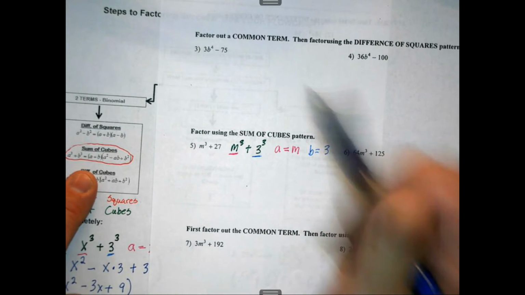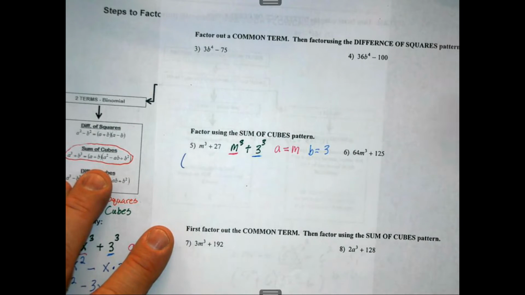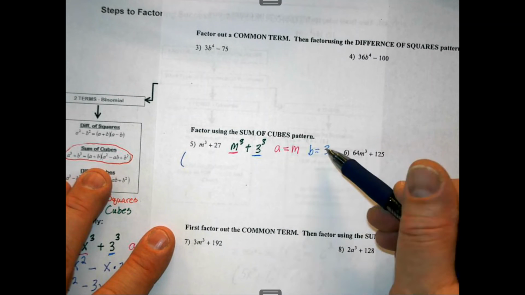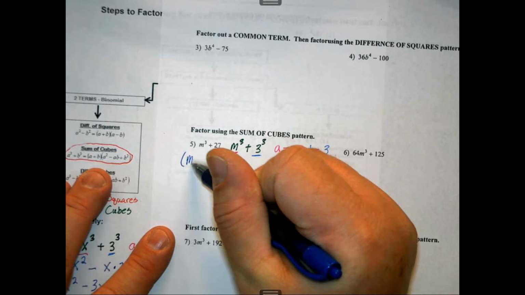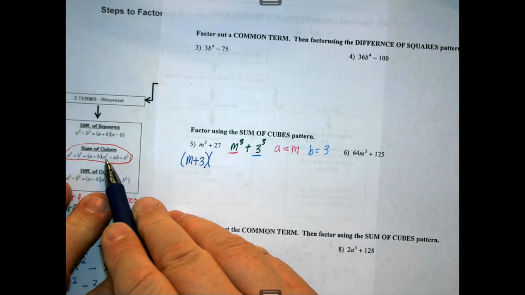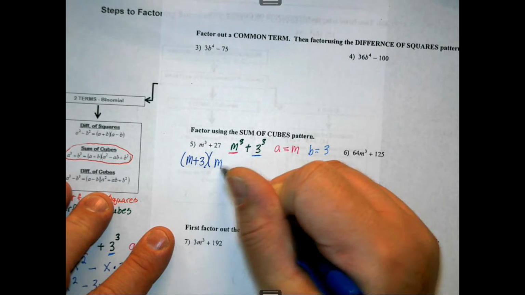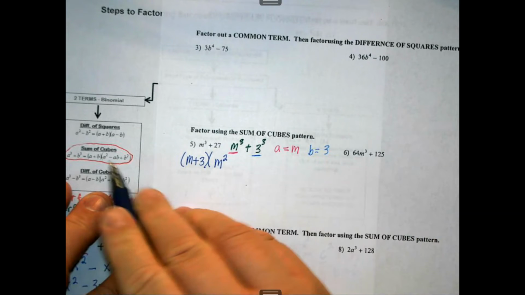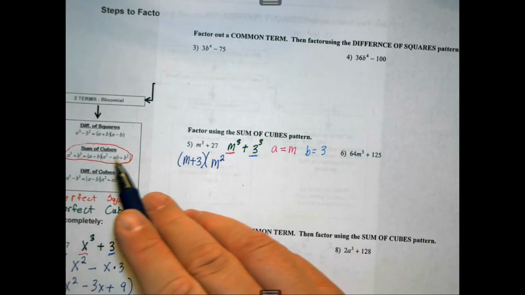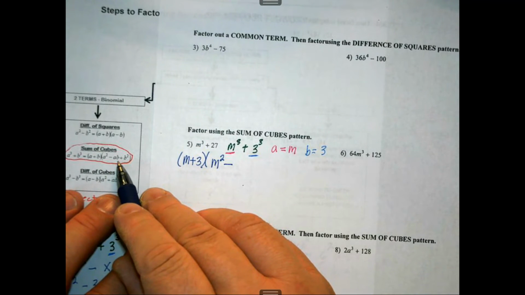And here's my factors. I started my factors. This is literally the same problem with a different letter. So I have my a plus b, which is m plus 3. Then I have a squared. So my a is m squared, minus my a times b.